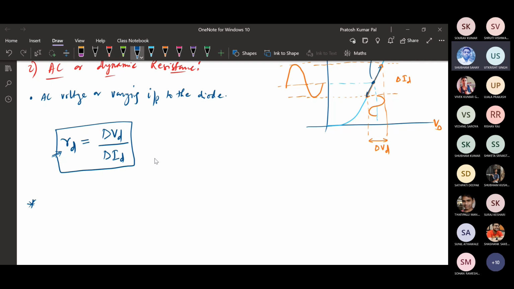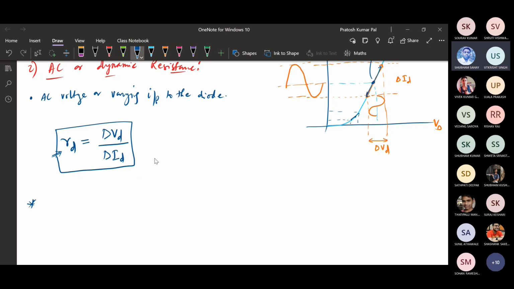Suppose we have this point, so with respect to that this will be the voltage variation and this will be the current variation. From there it has been observed that this VD variation is reduced, while with respect to this VD, the ID varies very high. So the RD value, that means the AC resistance, basically increases as we move to the lower Q point.